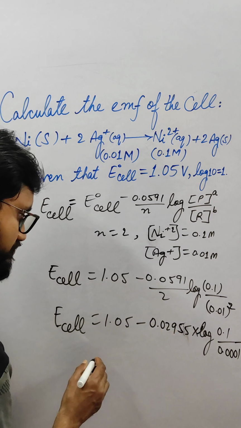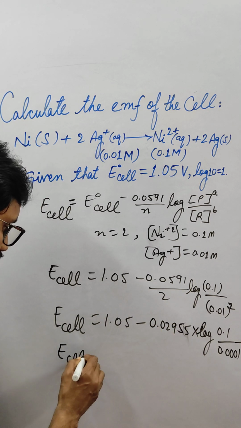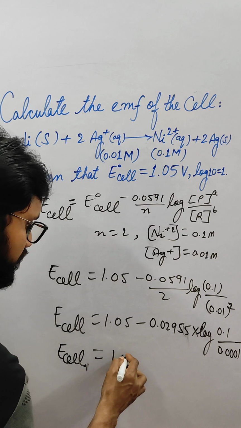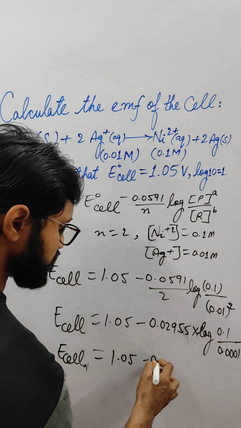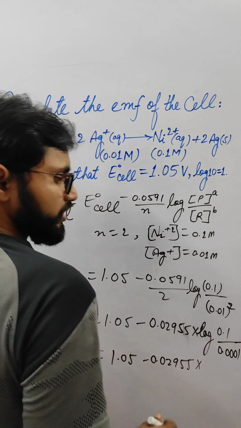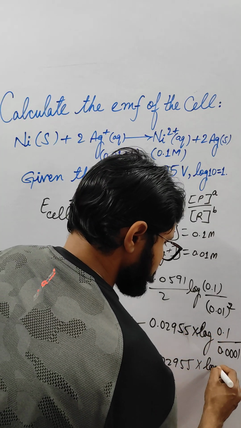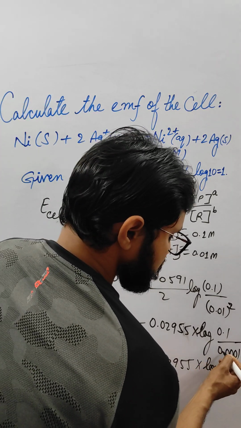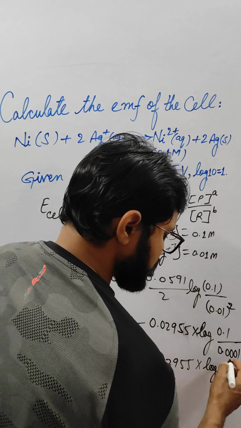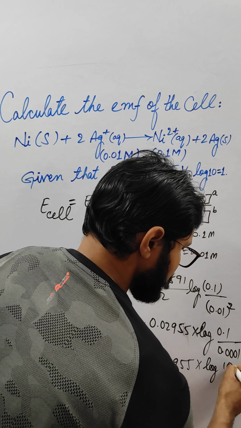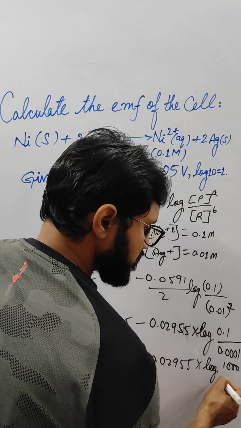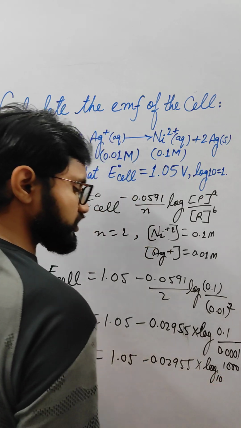So from here we get E cell equals 1.05 minus 0.02955 into log, here it becomes 0.1 upon 0.0001, so we get 1000. If the base of the log is not given, we can assume that the base of log is 10.